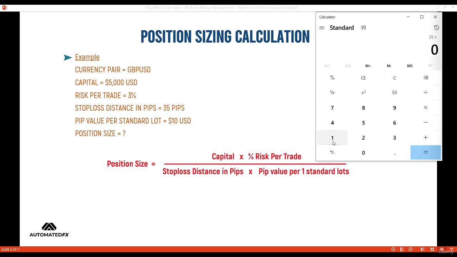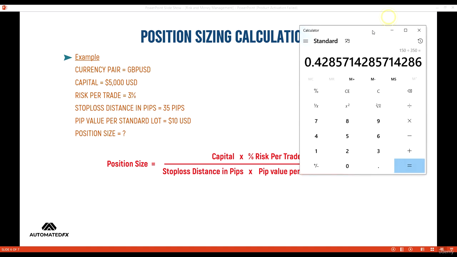So 35 times 10 is 350. What we are then going to do is 150 divided by 350, which is 0.4. So our lot size will be 0.4, or 0.42 lots, in order to risk 3% of $5,000.